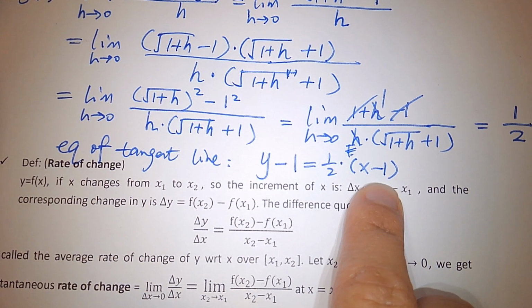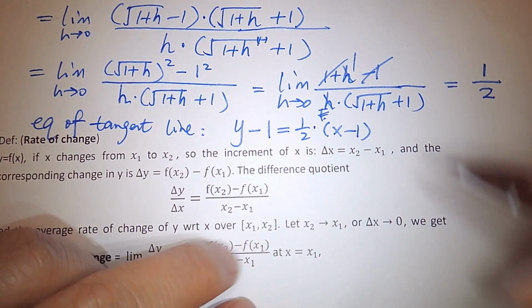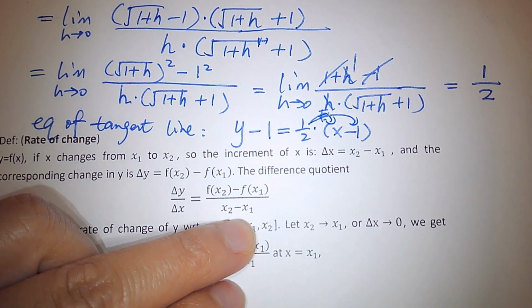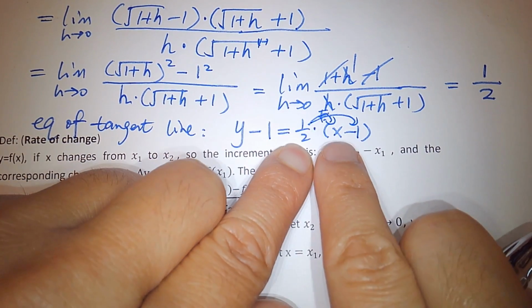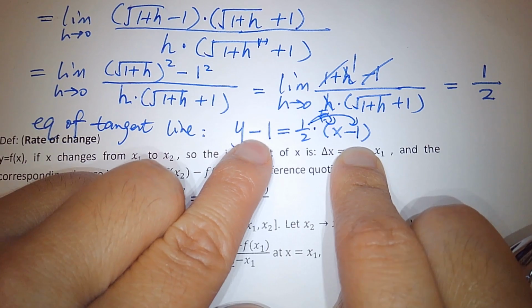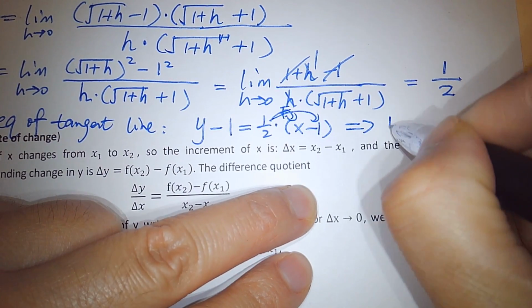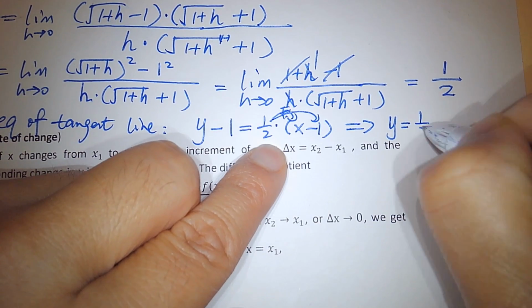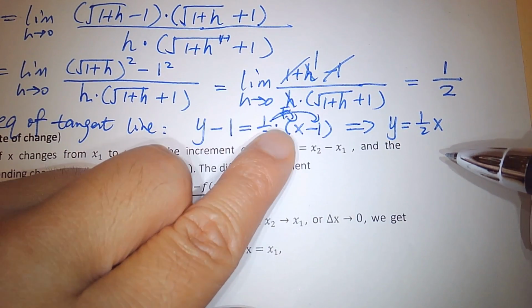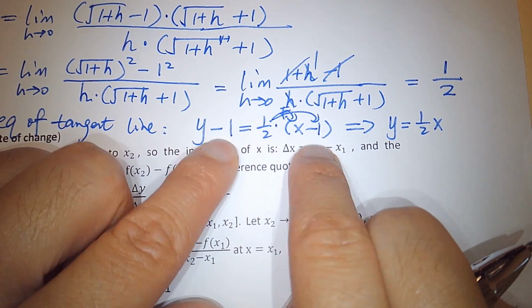But this is not the most simplified form, right? So we have to simplify it a little bit. Okay, so how? On the right side, we should have 1/2 x minus 1/2, right? And plus 1 on both sides. So eventually, we should get y equals what? 1/2 x minus 1/2 plus 1, right?